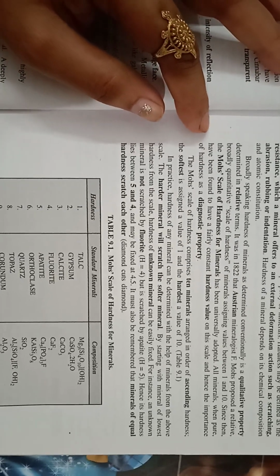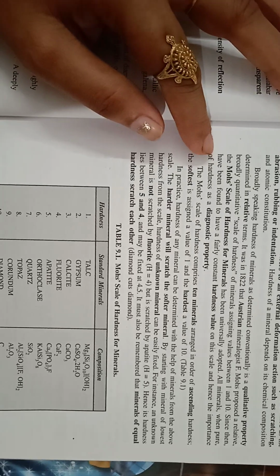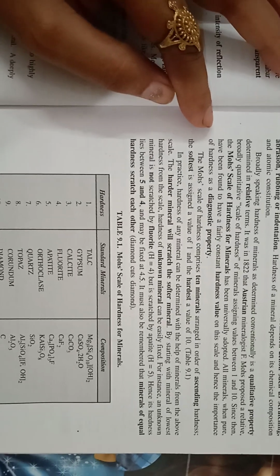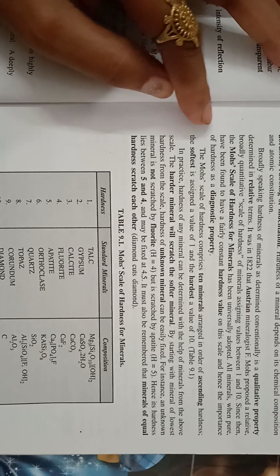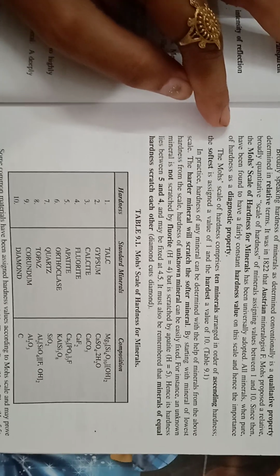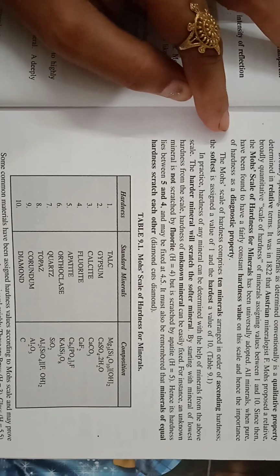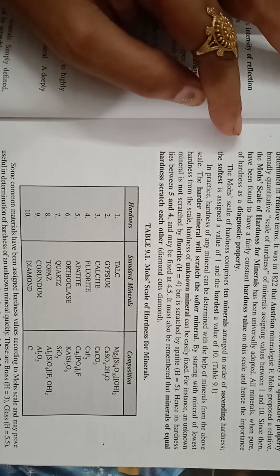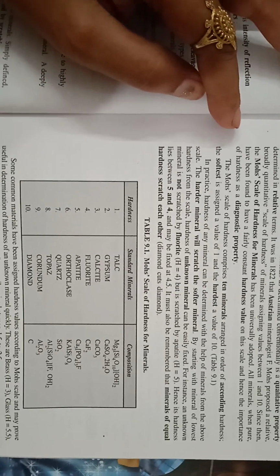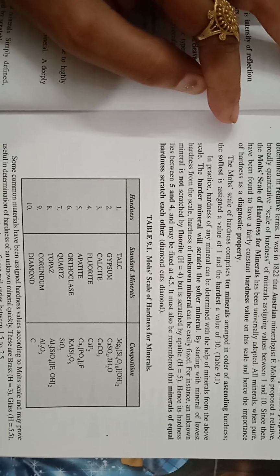All minerals, when pure, have been found to have a fairly constant hardness value on this scale, and hence the importance of hardness as a diagnostic property. The Mohs scale of hardness comprises 10 minerals arranged in order of ascending hardness. The softest is given a value of 1 and the hardest a value of 10.